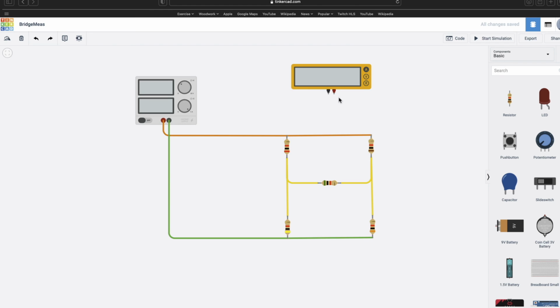Okay, now I'm going to show you a very, very common mistake that people make when they're making current measurements. In this case, what I'm going to do is I'm going to put an ammeter just across the resistor itself. Right? Now, this is an example of what not to do.